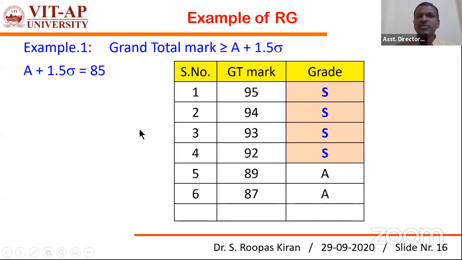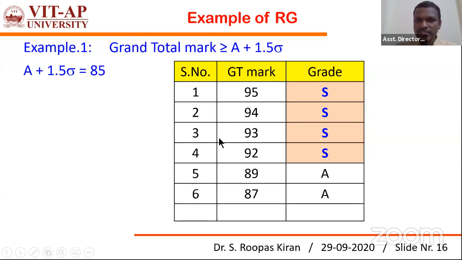A few examples: if the grand total mark is more than or equal to A plus 1.5 sigma, and there are so many students securing a minimum of 90 marks, these are the grand total marks of those students in a particular order: first mark, second mark, third mark, fourth mark.